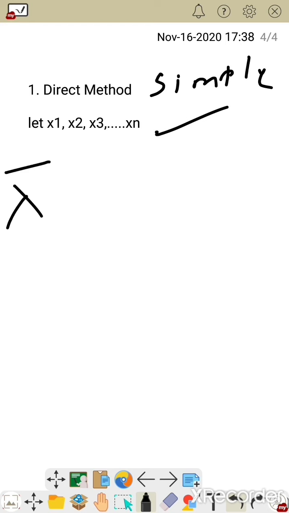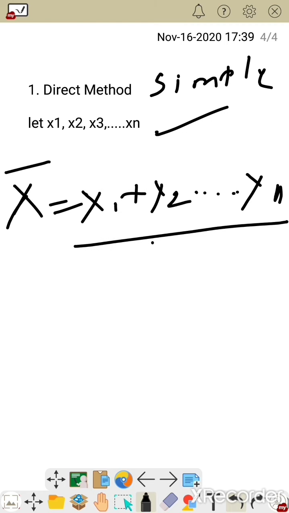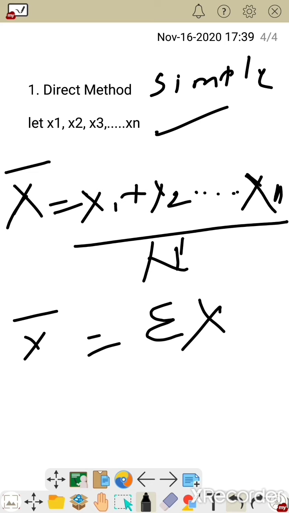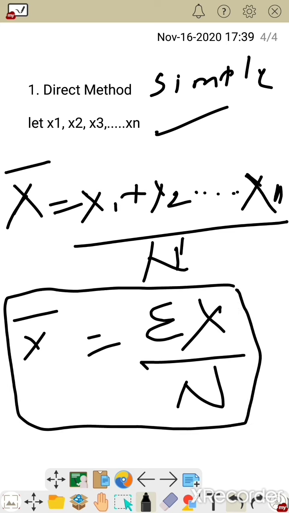Then mean x bar is equal to x1 plus x2 up to xn divided by n, which is nothing but sigma x, where sigma means the total of x, divided by n. This is the formula to calculate the mean by direct method.